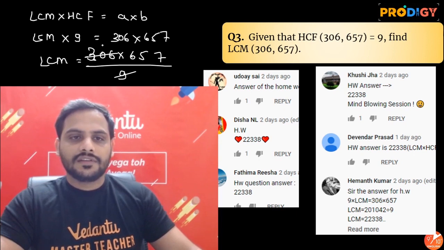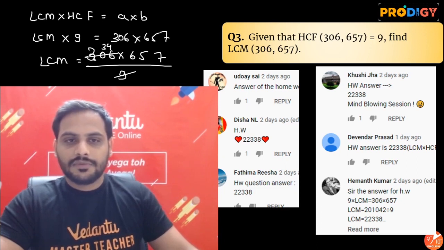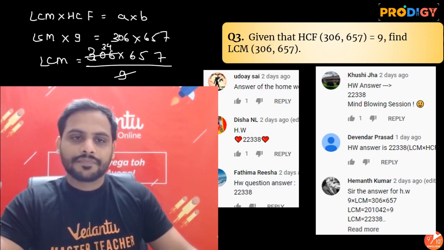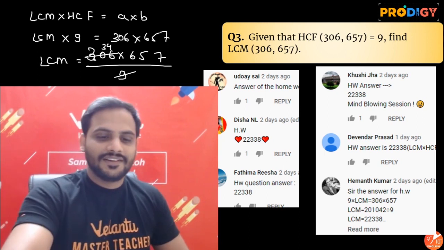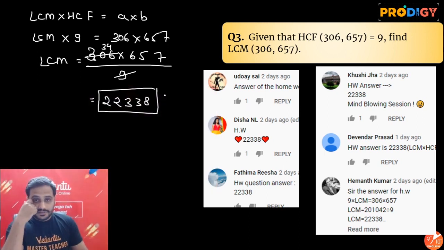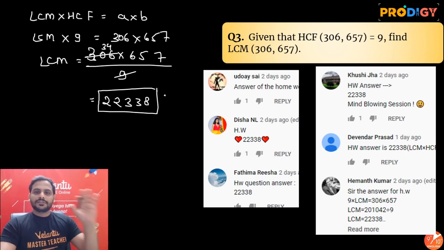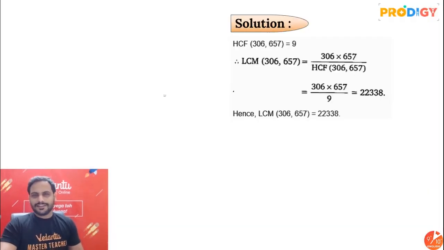Nine 3s are 27, remainder 3, nine 4s are 36. So 34 into 657 divided by 9 gives 73, and 34 into 657 upon 9 comes out as 22338. This will be your LCM. So the correct answer is 22,338. This is how this question is solved. Very easy question, right? Not that difficult.